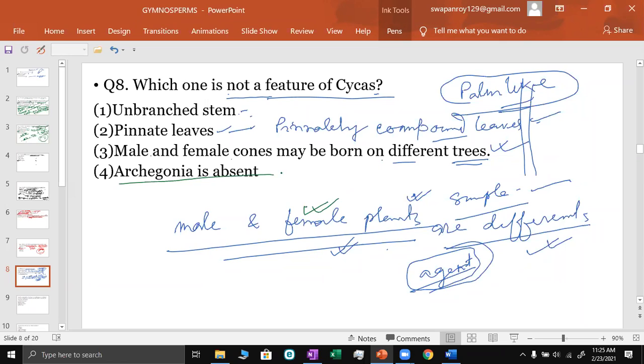Archegonia is absent. This is not a character of cycas. So which is not a character of cycas? This is number 4.